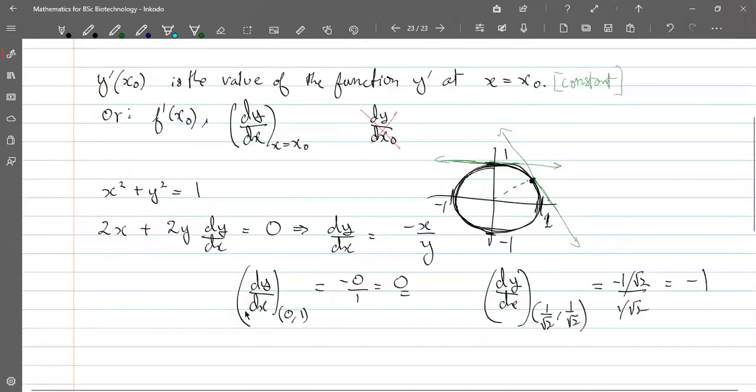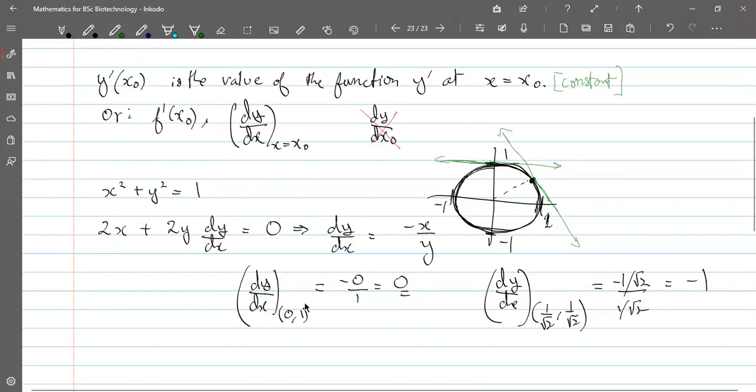With this notation, the problem is you could, for example, evaluate this at say (2, 3) by writing 2, 3 here and substituting 2 and 3 here. You can evaluate dy by dx at (2, 3), but that's completely meaningless as far as this equation is concerned, because (2, 3) is not a point on this curve.